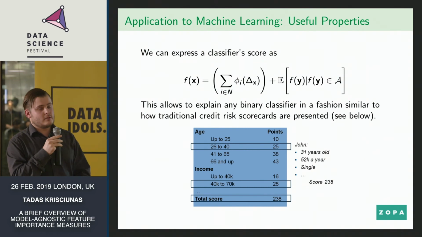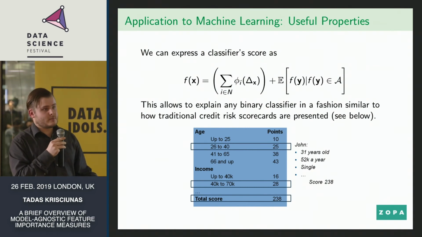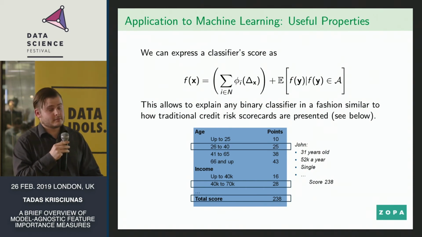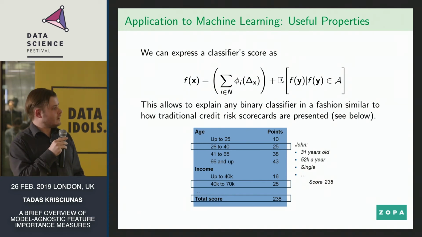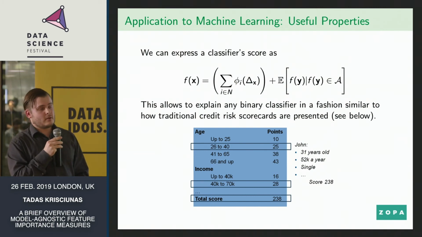This means that we can use the traditional logistic regression-based representation of a model's decision for any classifier or regressor. We can just represent each model score as a sum over components of different importance.